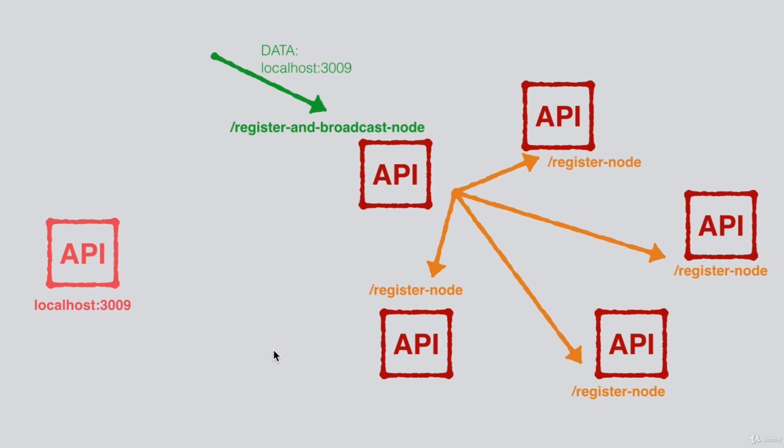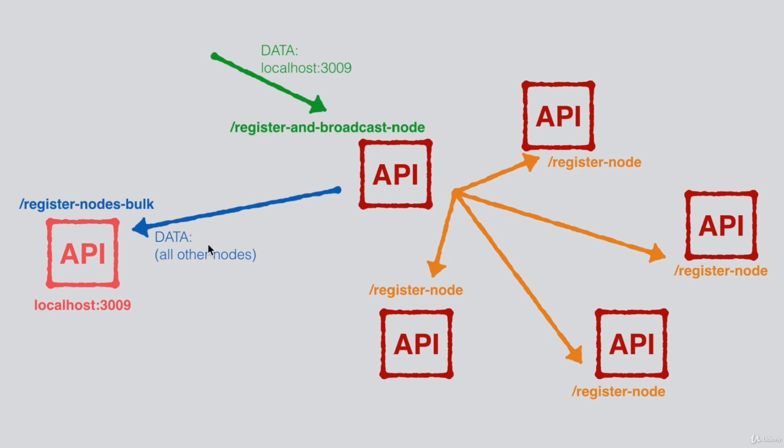And then finally, after this new URL is registered with all the other network nodes, our original node is going to make a request to the new node. And it's going to hit the register nodes bulk endpoint. And it's going to pass along the URLs of all the other nodes with it.